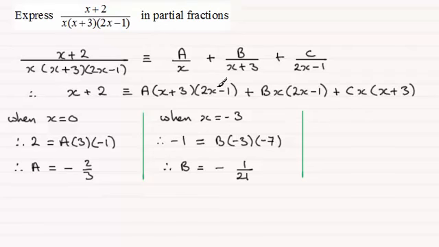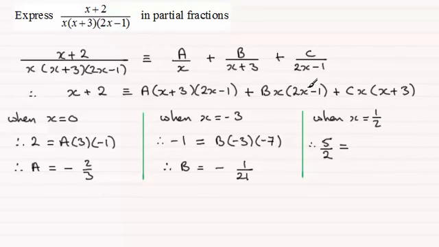All we've got to do now is just work out C, and we can do that by, say, letting this bracket 2x - 1 equal 0. And if 2x - 1 equals 0, 2x would equal 1. Divide both sides by 2, and then you get x equals a half. So when x equals a half, then we're going to have a half plus 2 here, which is 2.5, better written as 5 over 2 though. And that's going to equal, well, this will be 0, so all of this term will go out.